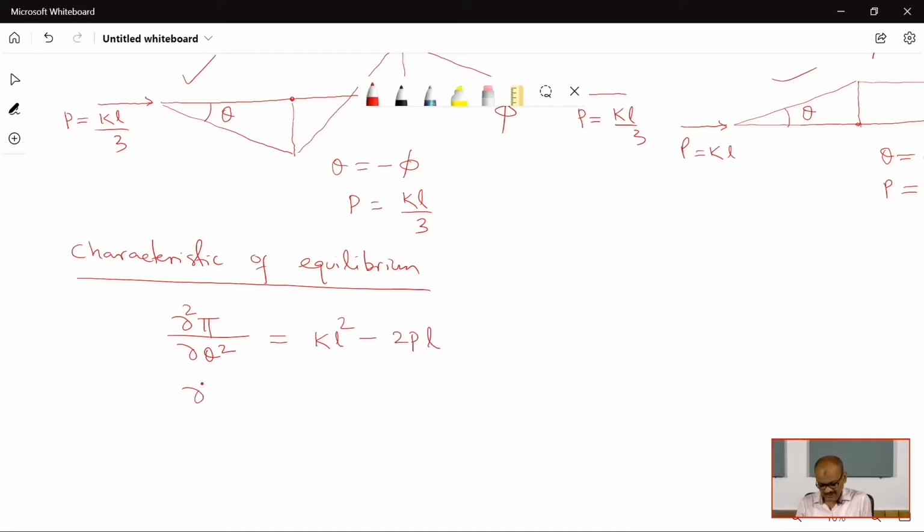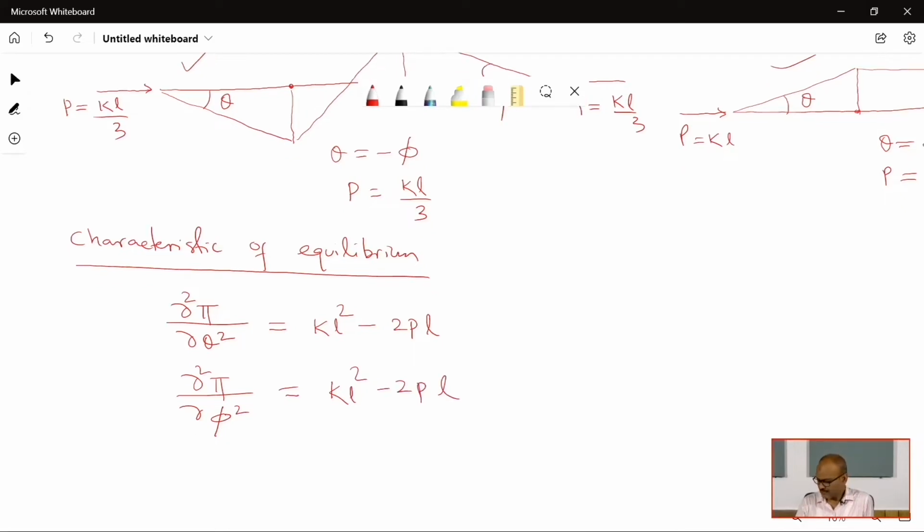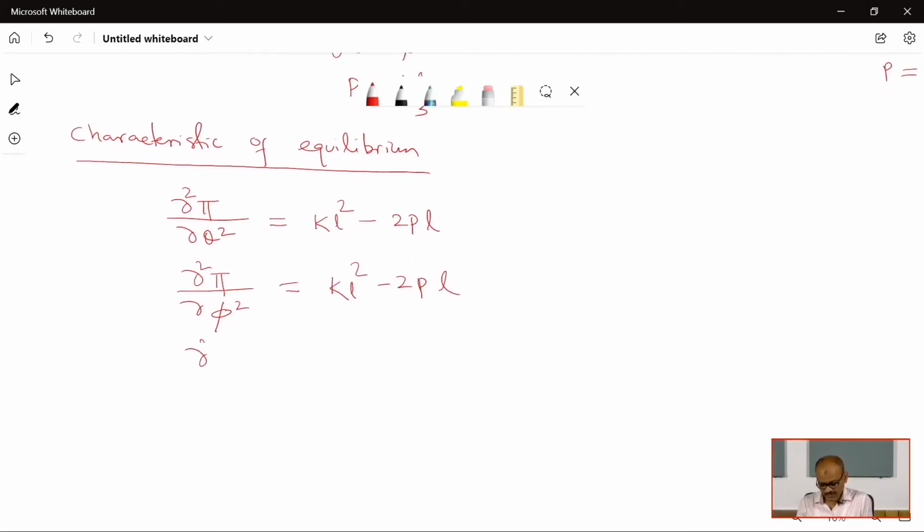And if we differentiate the total potential energy with respect to phi square, we will get KL square minus 2PL. And if we do second variation of the total potential energy with respect to theta and phi, that is coming PL. So this is the first, this is the second, and this is the third.